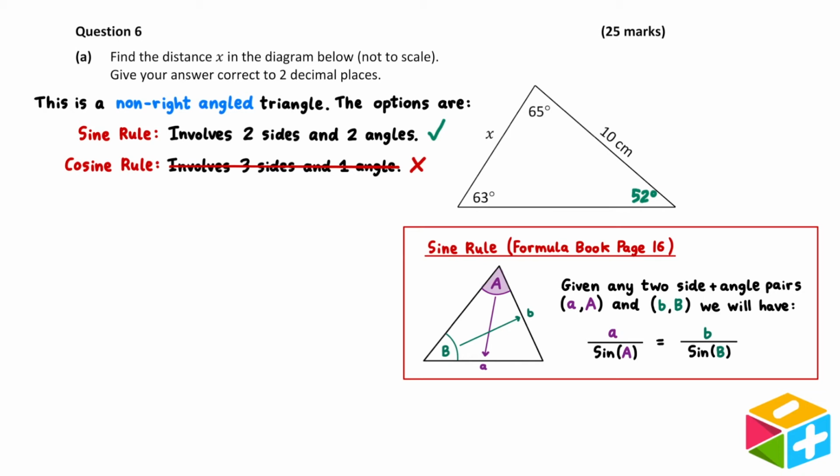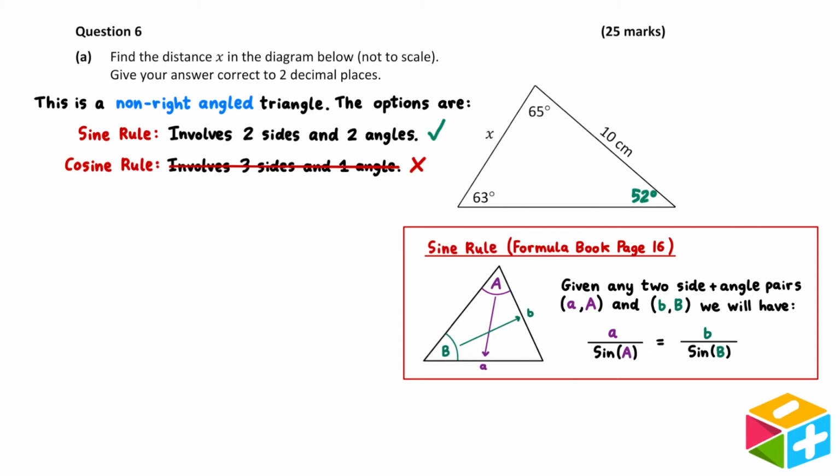So here, capital A is an angle and lowercase a is the side opposite that angle. Capital B is a different angle and lowercase b is the side opposite that angle.